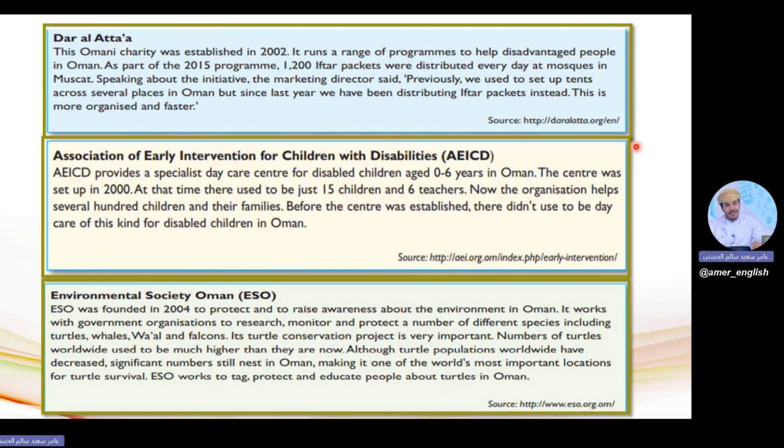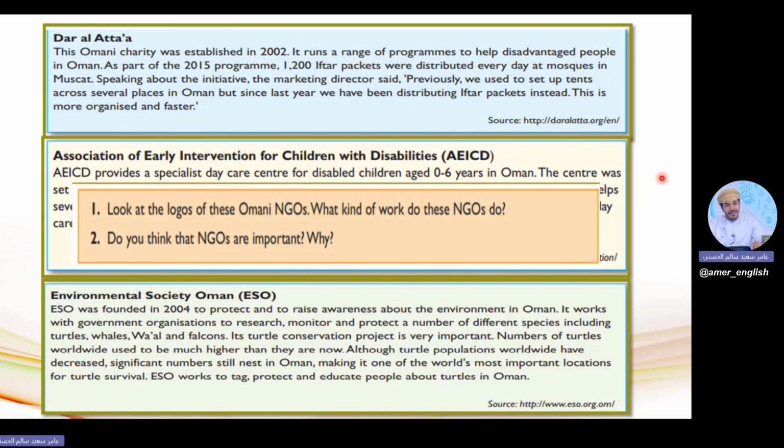Okay, so you will find different organizations here, when they were established and what their focus was, and so on and so forth. So easily you can find the answers to these two questions, okay? You can find the name of these non-governmental organizations and also what kind of work these NGOs do.